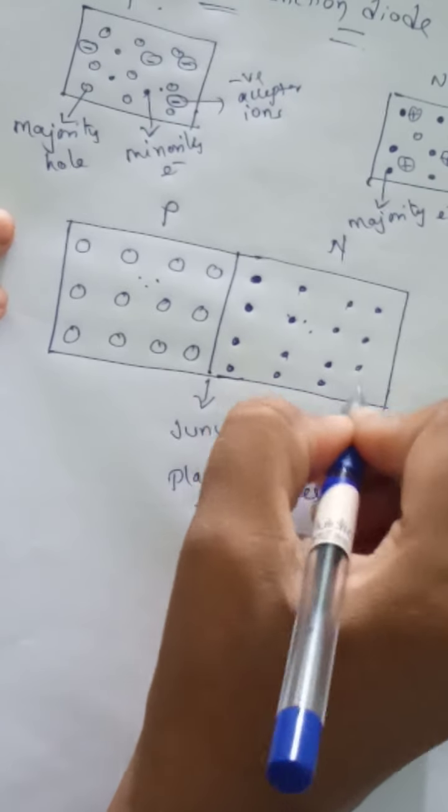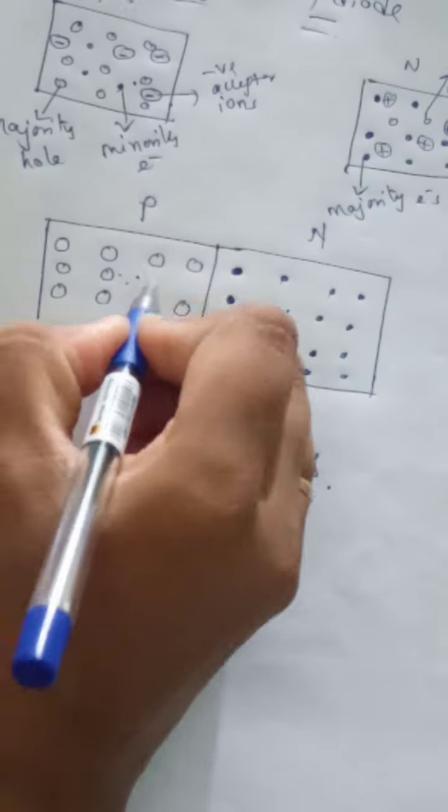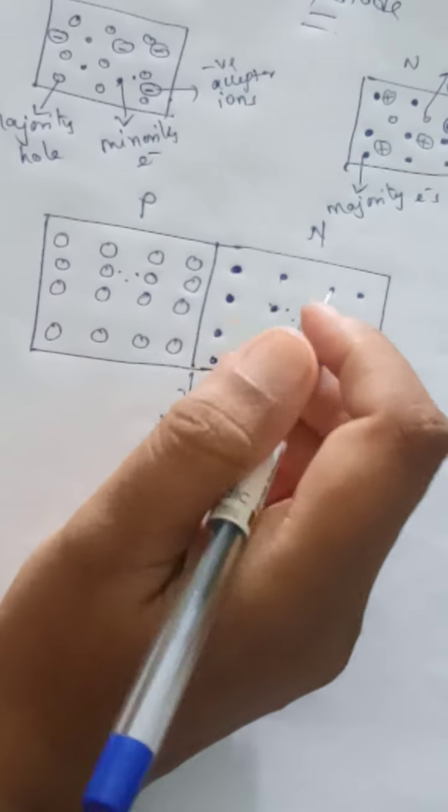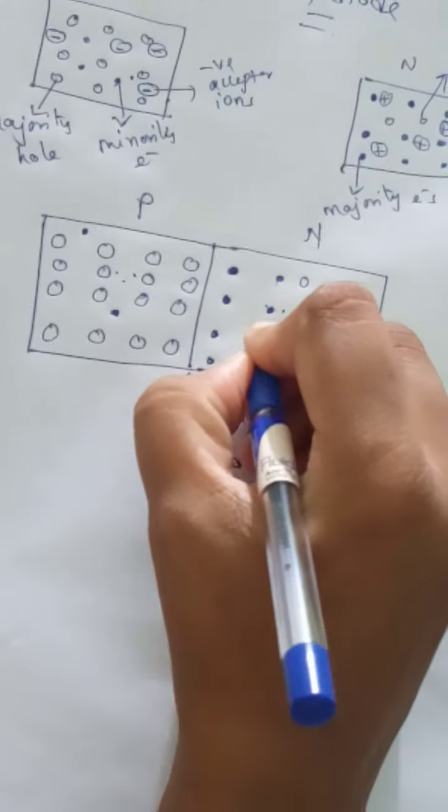Along with this we have minority carriers: electrons in p, holes in n.